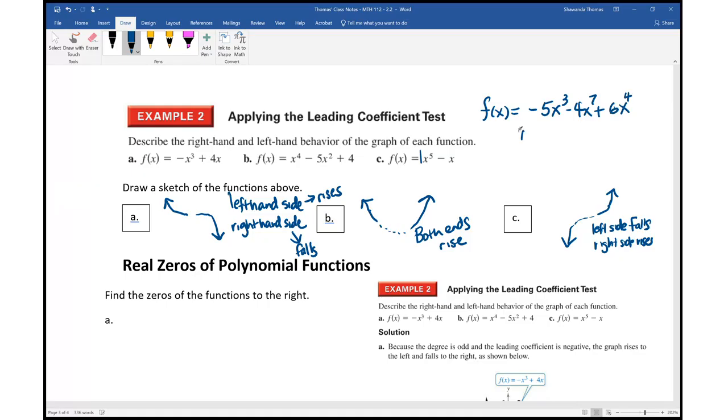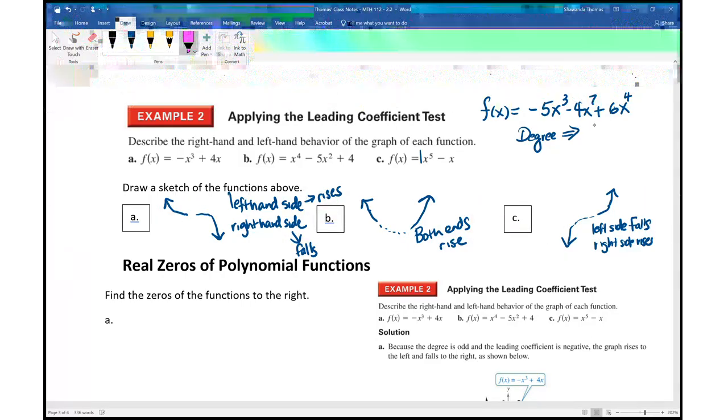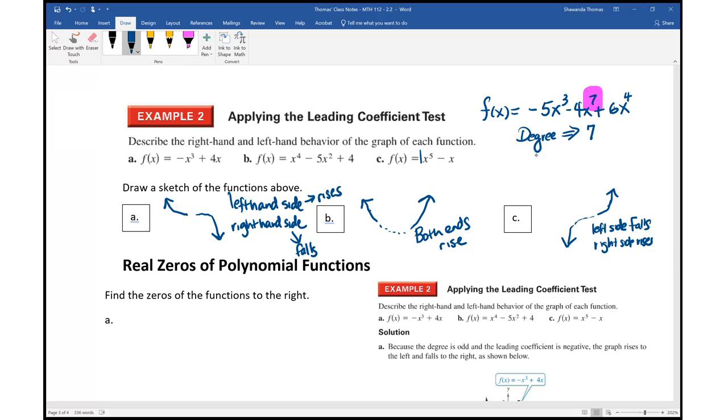So let me just make up a problem here to make sure you get it. What is the degree of this problem? The degree is 7. Why? That is the highest exponent. The degree is 7. What is the leading coefficient? The leading coefficient is going to be the number in front of that, which is -4.